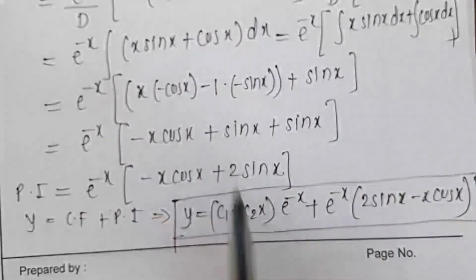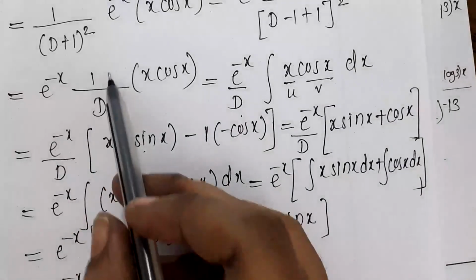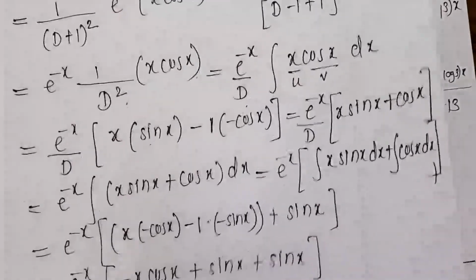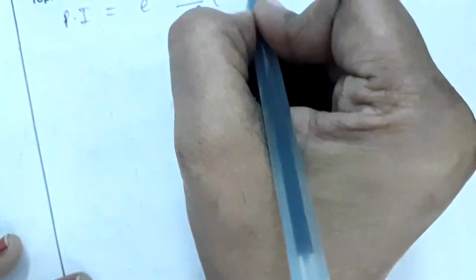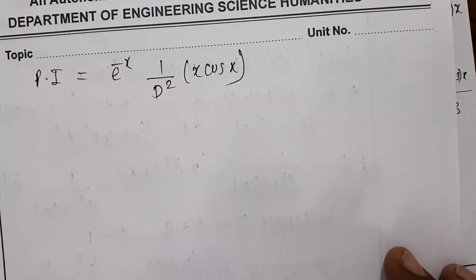Instead of this, you can use here the direct sixth rule also, that is 1 by d square into x into cos x. See how to use that rule. The particular integral is e to the power minus x, 1 upon d square of x into cos x. Finding a double integration is difficult, one integration will be easy.